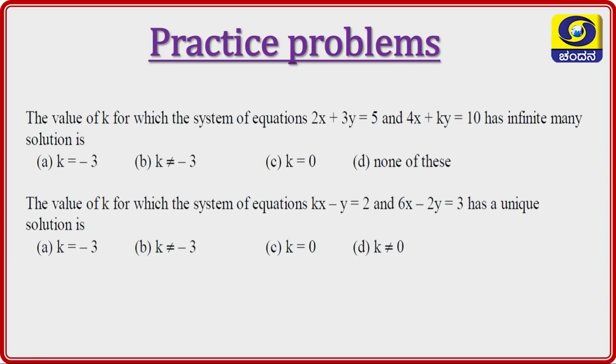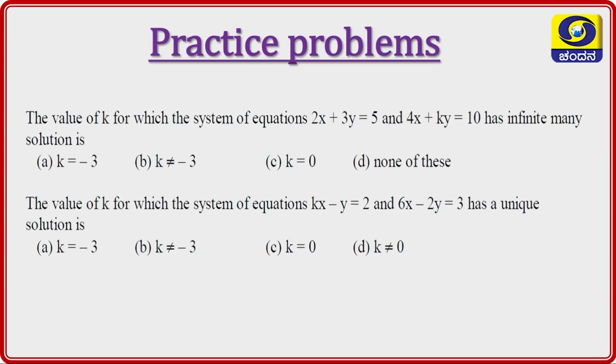Children, next, the value of k for which the system of equations 2x plus 3y is equal to 5 and 4x plus ky is equal to 10 has infinitely many solutions, which means infinite solutions. Here the value of k is equal to minus 3, or k is not equal to minus 3, or k is equal to 0, or none of these.